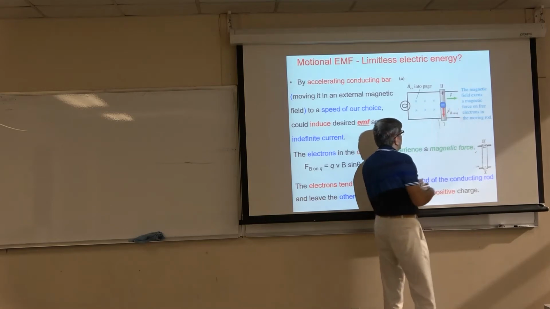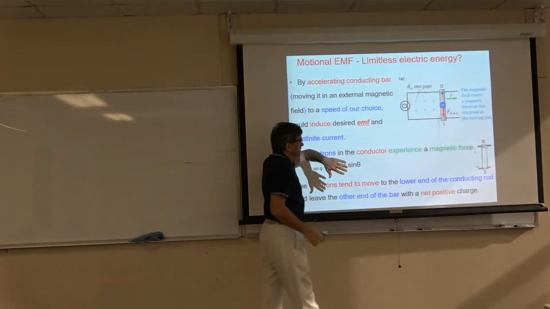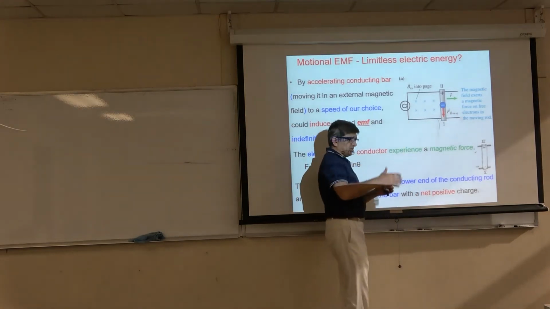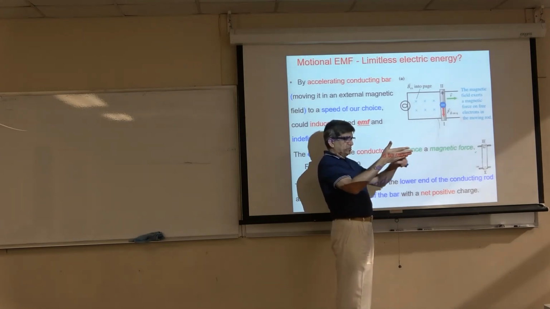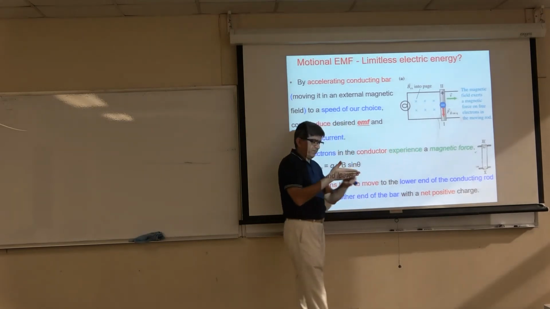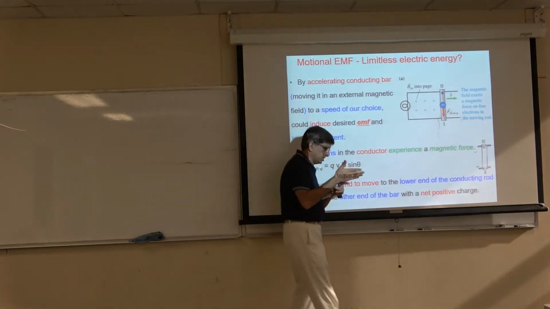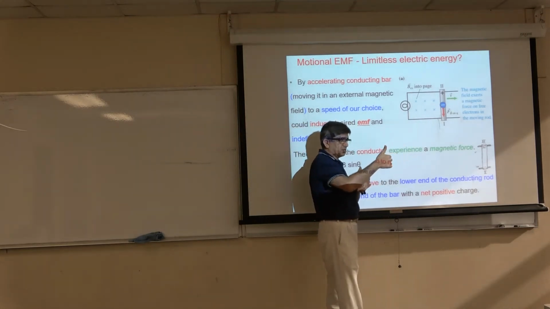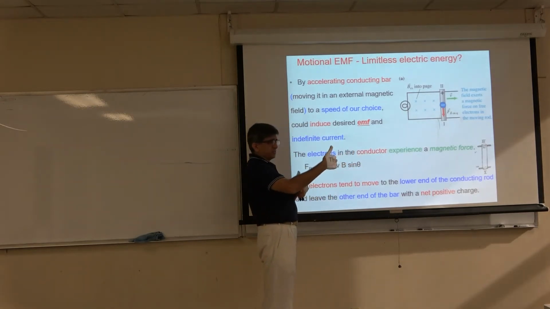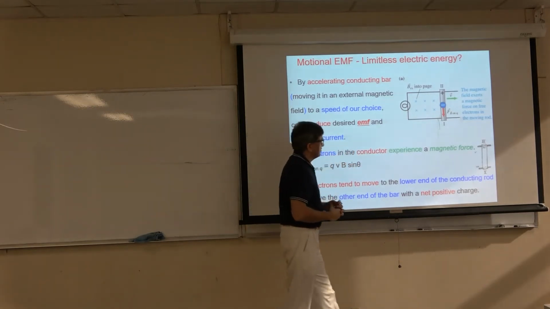Since this is an electron, for a positively charged particle we use the right hand, where the fingers point in the direction of the moving charge, and when I curl my fingers towards the direction of the magnetic field, the thumb points the force.